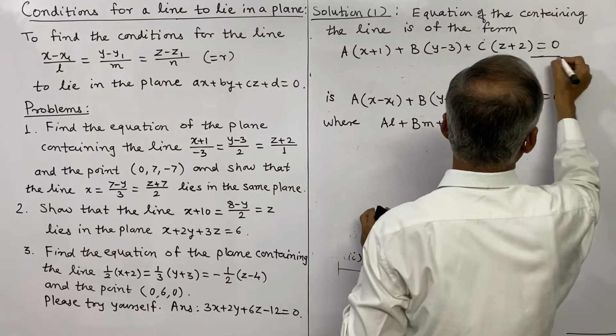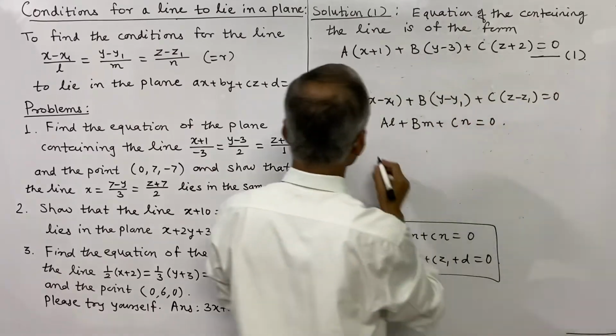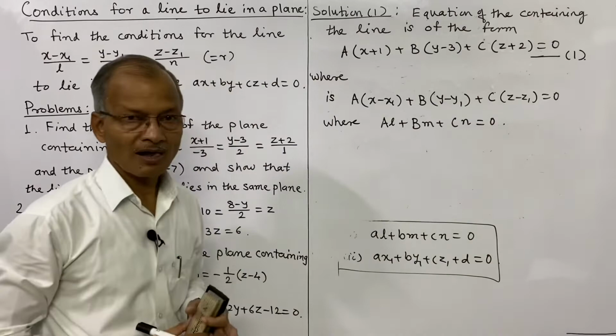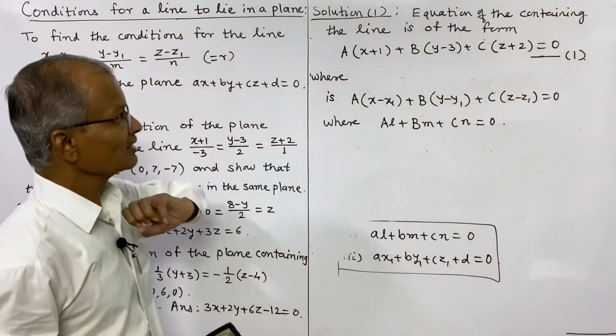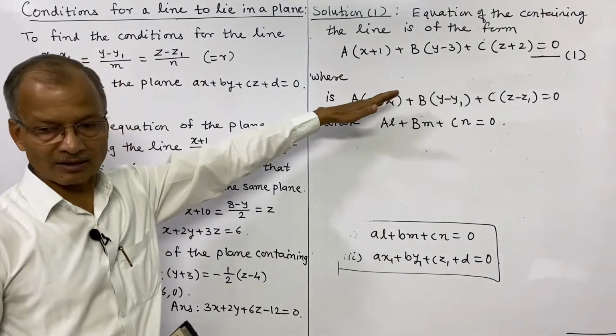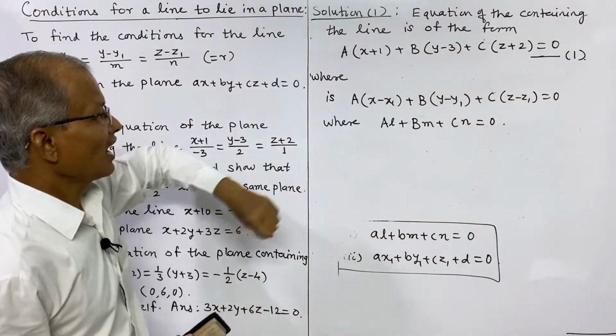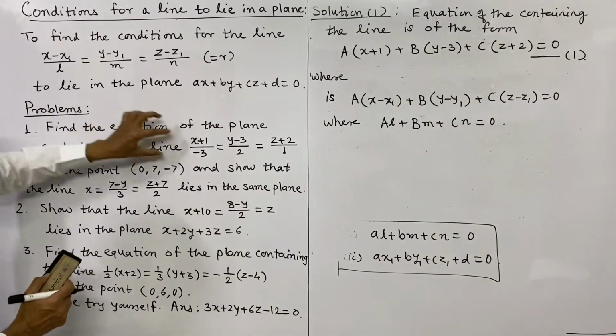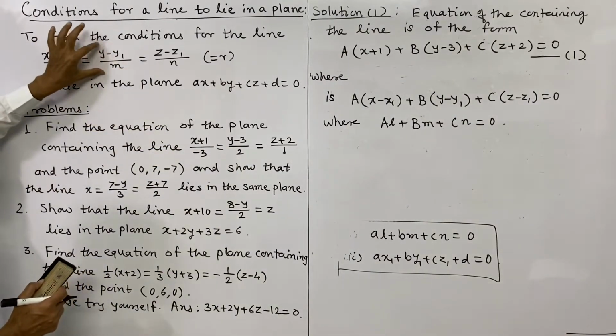So this we shall suppose as equation 1, where the second condition is AL plus BM plus CN is 0. Now A, B, C are the direction ratios of the normal, and LMN are these values. You compare the equation with the symmetrical equation.